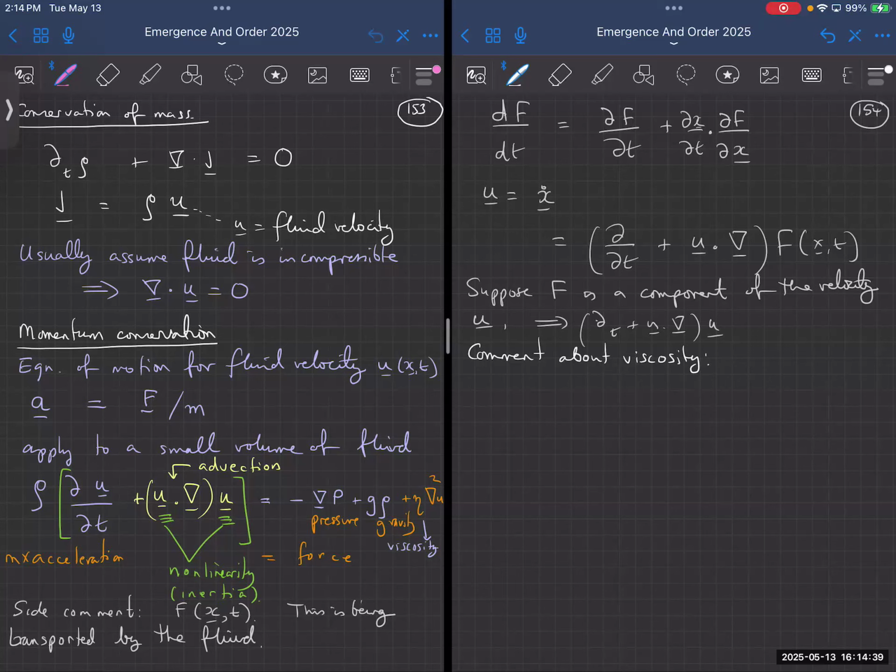What the shear viscosity tells you is about the forces in a fluid due to differential velocity. Okay? This then is a term that must depend on gradients of u.